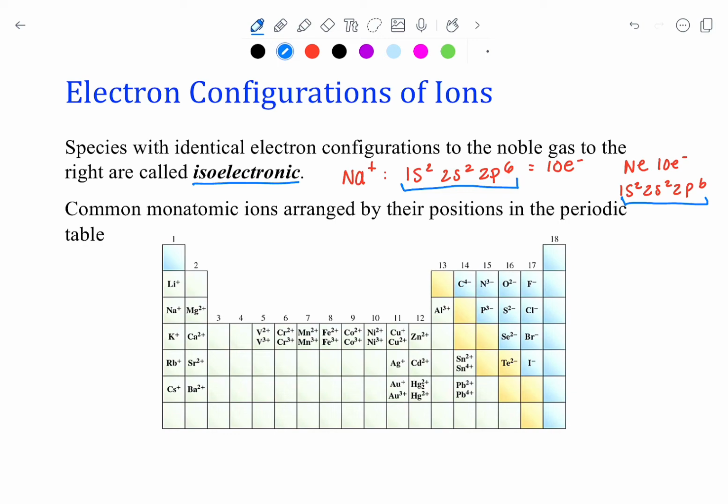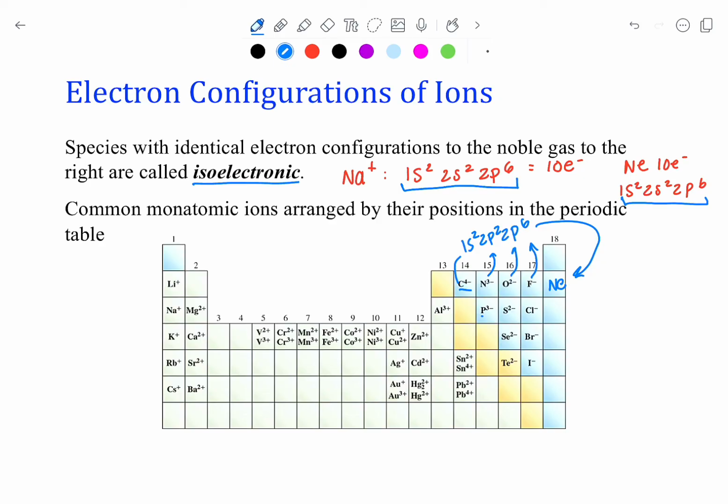These all have the same electron configuration as neon, because if I have carbon 4 minus, that means I've added 4 electrons, so I have 1s2, 2s2, 2p6 now, because I've added 4 extra electrons to my p orbital of carbon. The same goes for nitrogen, as well as oxygen and fluorine. They all have the same electron configuration of neon.